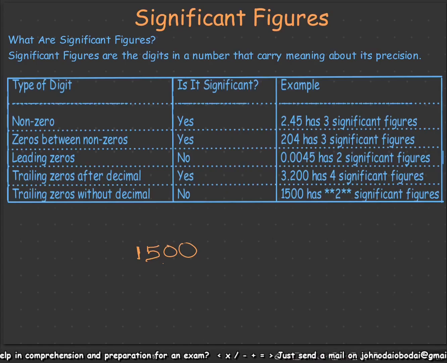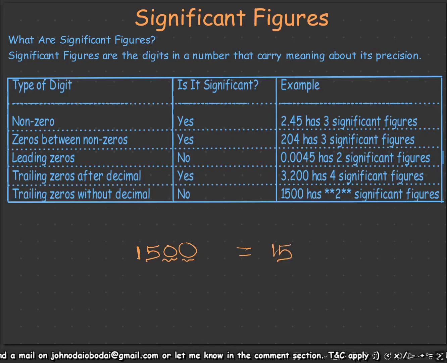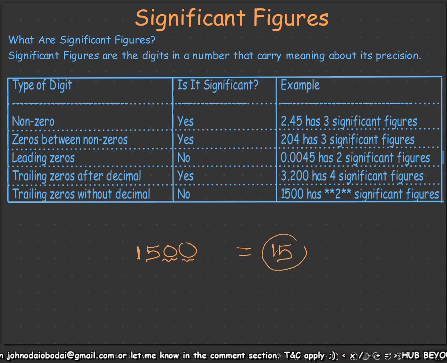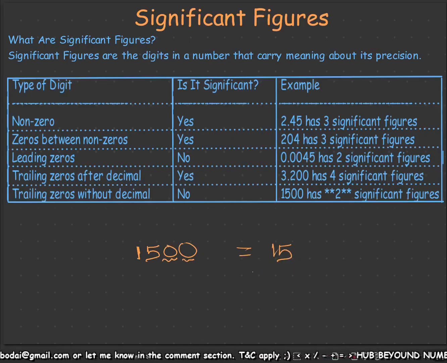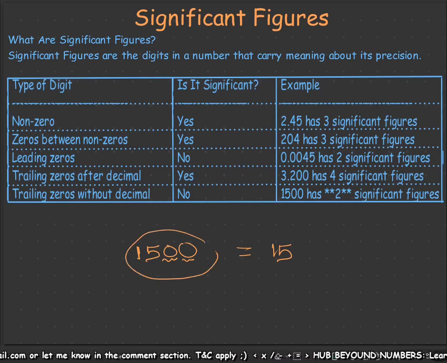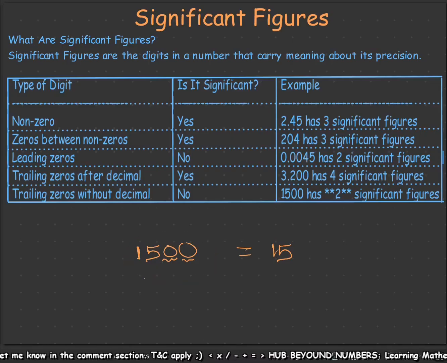There are some figures that are not significant and we can't omit them. We cannot omit them. So even though we are saying these zeros are not significant, that doesn't mean you can write it this way. Yes, this 15 has got 2 significant figures, and 1,500 has also gotten 2 significant figures, but they are of different values.